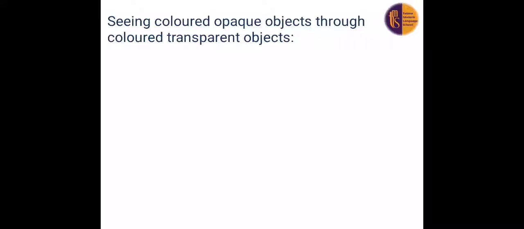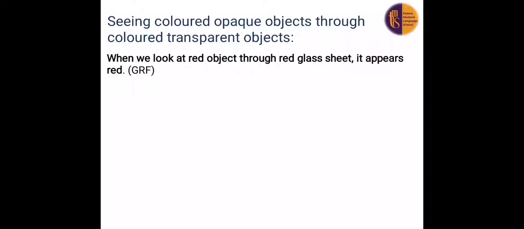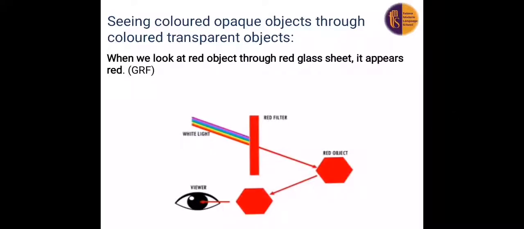Now we will talk about seeing colored opaque objects through colored transparent objects. For example, when we look at a red object through a red glass sheet, it appears red. So they have the same color.